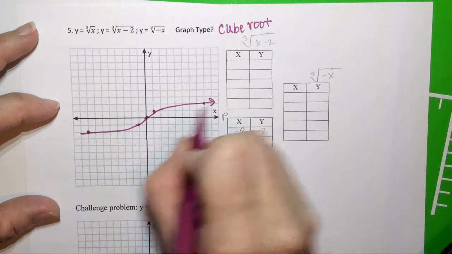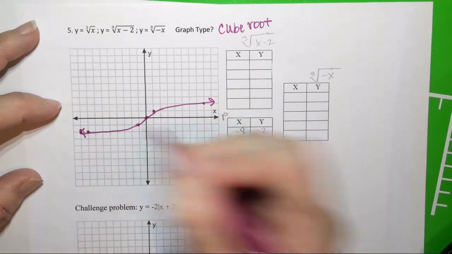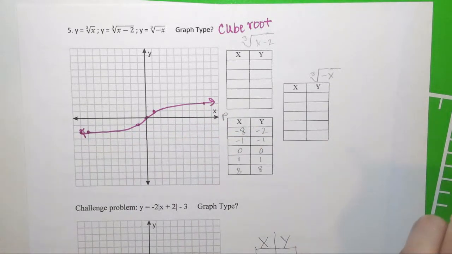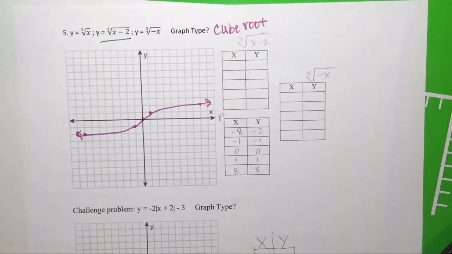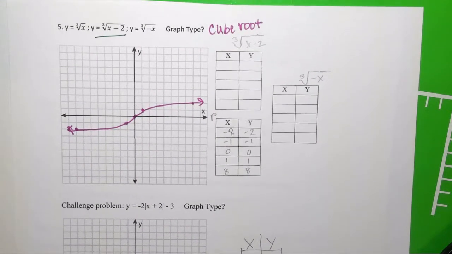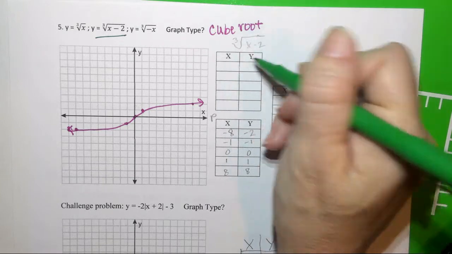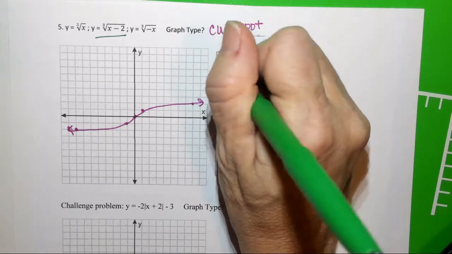This is our surfer. Okay, now let's look and see what happened in these problems here. So your first one is going to be the cube root of x minus 2 right here. So let's try to use some numbers that go nicely into cube roots. That will help us with our graphing.